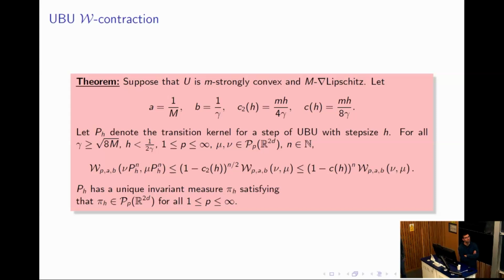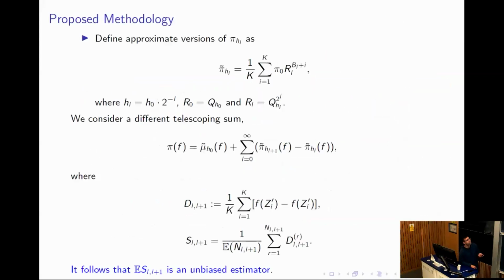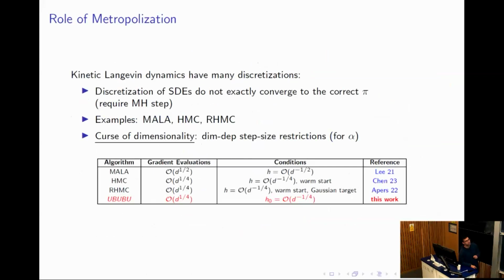Can you go back to the slide where you motivate the comparison you want to make between what you call unbiased kinetic Langevin and randomization? This one, yeah, thank you. I really didn't get what you meant in this slide when you aim to compare things.